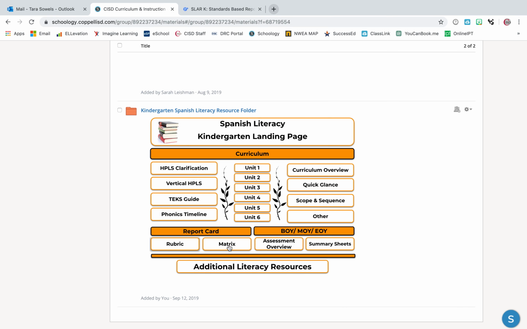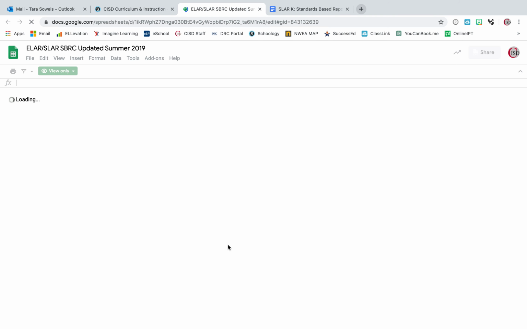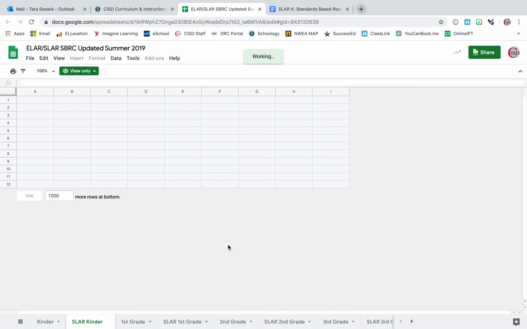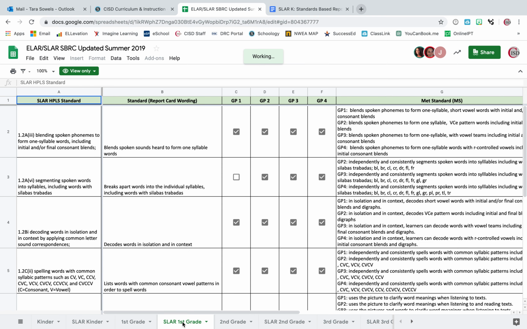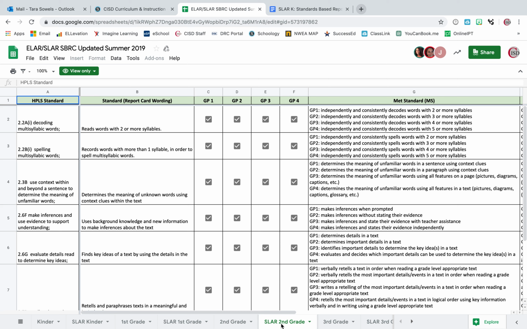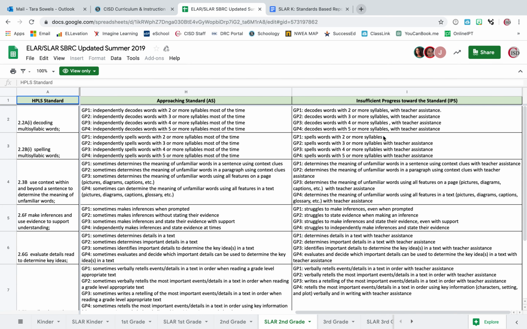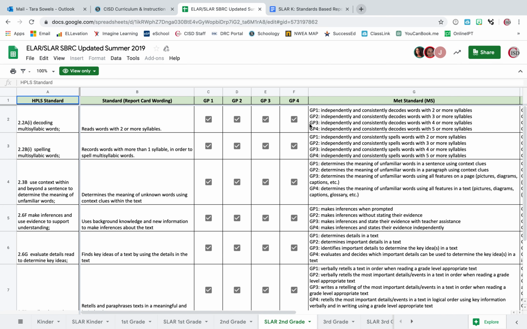And the final component that we're going to review is the matrix for the report card. So you can see down here at the bottom, there are different tabs for Spanish language arts versus English language arts. And it takes those high priority learning standards and breaks them down according to what grading period we're in, what does MET standard look like, and if grading period 1, what does IPS look like in AS.